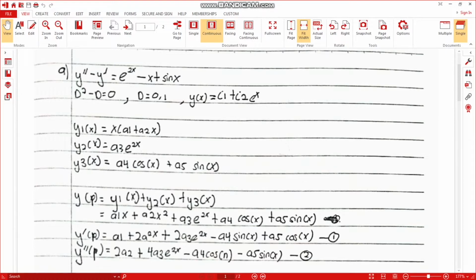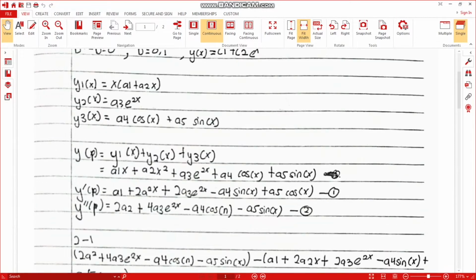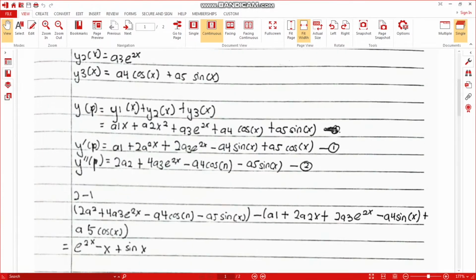Then we substitute y2 equals to a3 e to the 2x. So our y3 is a4 cos x plus a5 sin x. And our y prime is y1 times by x plus y2 times by x plus y3 times by x.